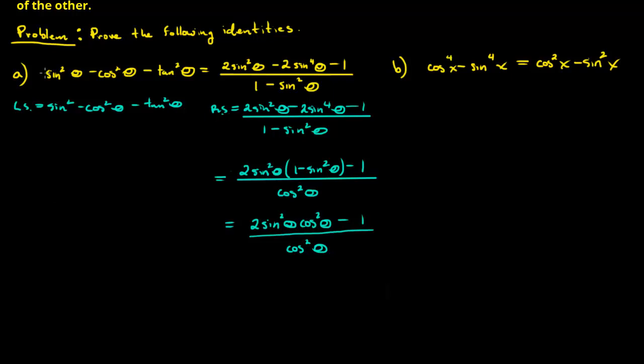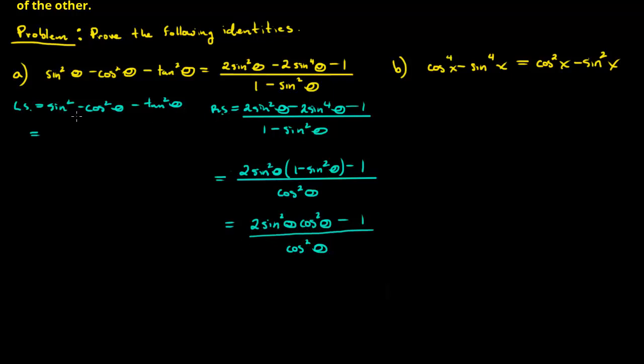So let's try now to work with the left side a little bit. Somehow I need a product such that I've got 2 sine squared theta cos squared theta.